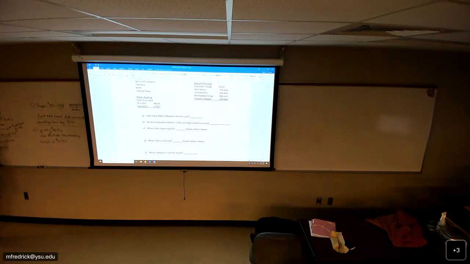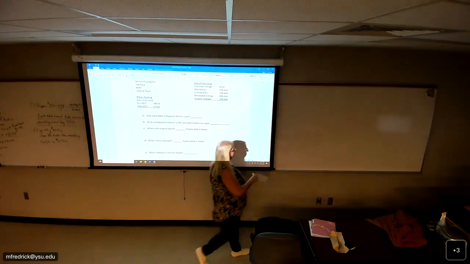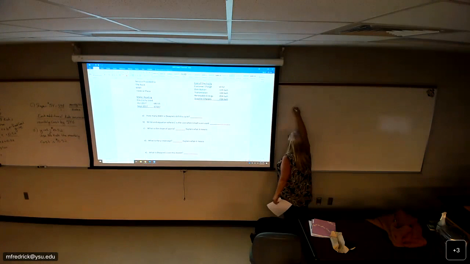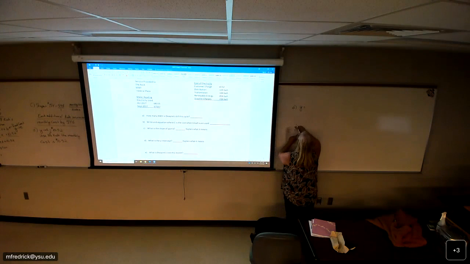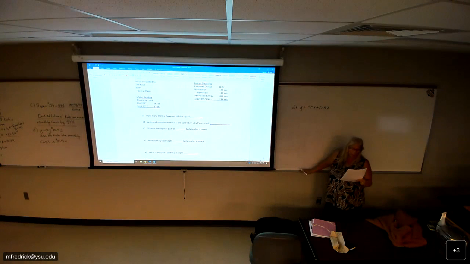Any questions on explaining the slope and the y-intercept? This is definitely on the in-class portion of your exam, and it's set up very similar. What is Dwayne's cost this month?